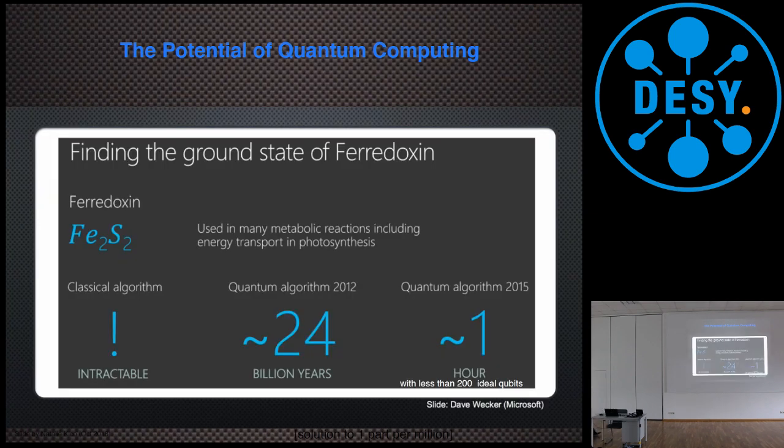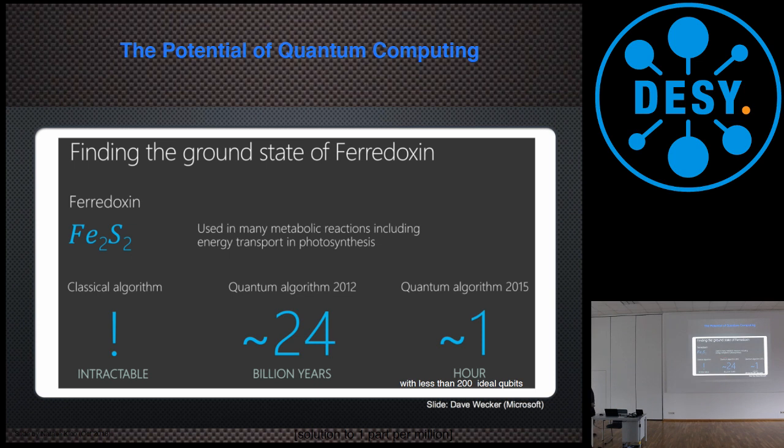So here's an explicit example, again a slide from Dave Wecker, looking at the computations to find the ground state of ferredoxin, which is a simple molecule. Then a classical algorithm, it's intractable. It can't be done. So then the quantum algorithms that were in place in 2012 would allow you to perform this computation.